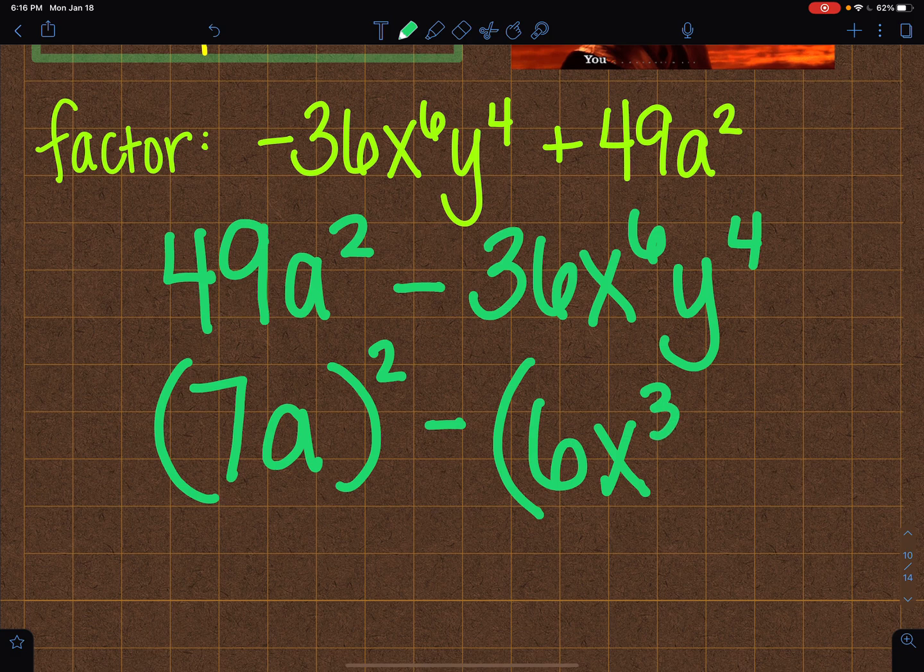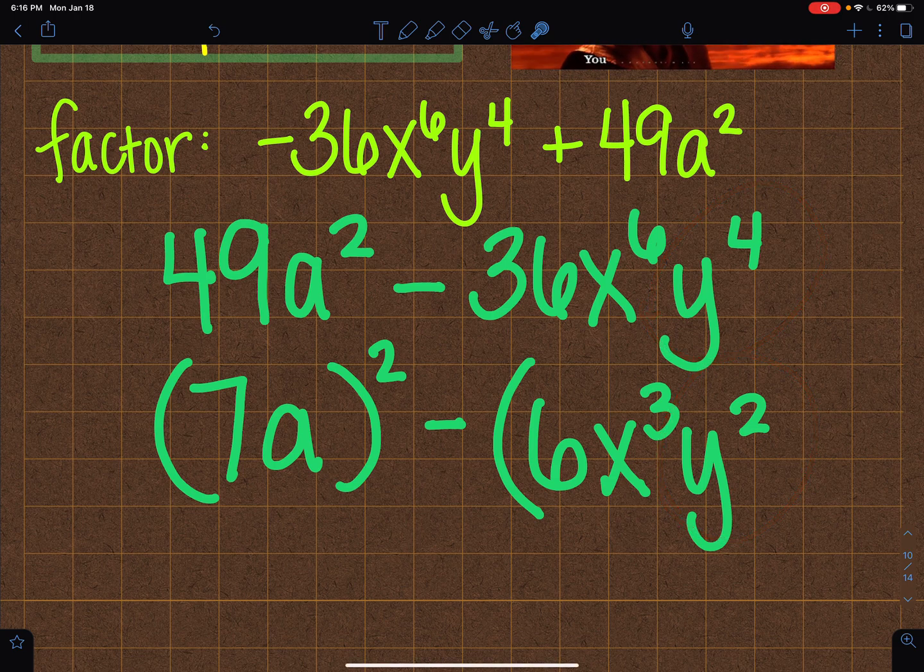It turns out that it's half of that, because think about it backwards: if you're multiplying x cubed times x cubed, you're going to end up with x to the 6th. So this is actually the square root of that. Same with y to the 4th. It's going to be y squared, because if I multiply y squared times y squared, I'm going to get y to the 4th, because you add the exponents.